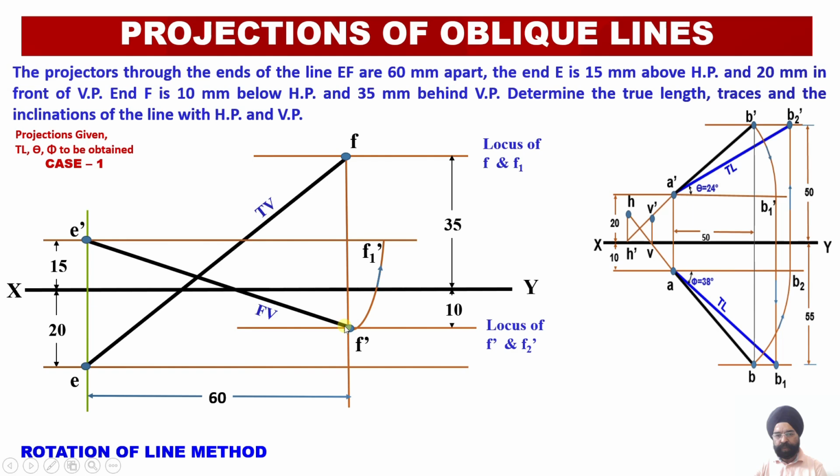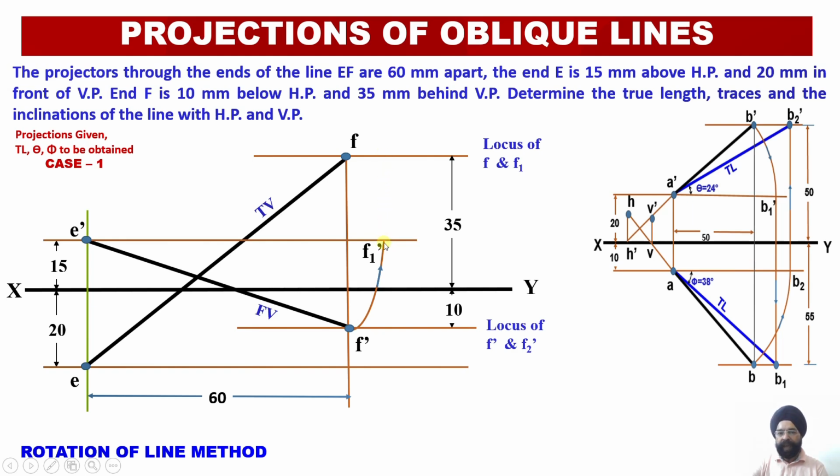Open the compass this much, rotate this projection so as to make E dash F dash parallel to HP. Since I have rotated this first, F dash gets converted to F1 dash. Having obtained this apparent length parallel to the horizontal plane, now I need to draw a perpendicular towards point F, that is the second point of the opposite view.